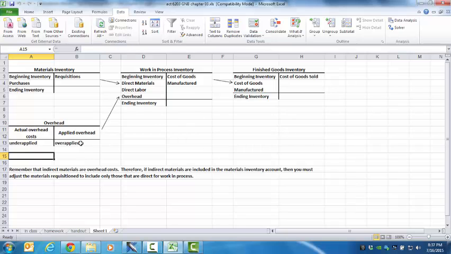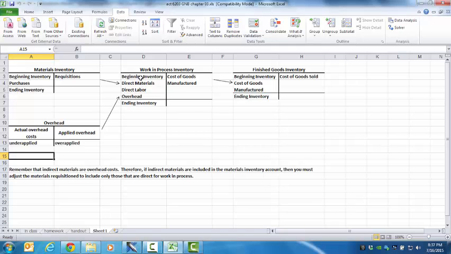And of course, at the end of the year, unless you just got real lucky, there's going to be a difference here. If you still have money left in the overhead, then you're underapplied. You didn't put enough. But if you have taken out too much, you're going to have an overapplied balance, and you're going to have to fix that.